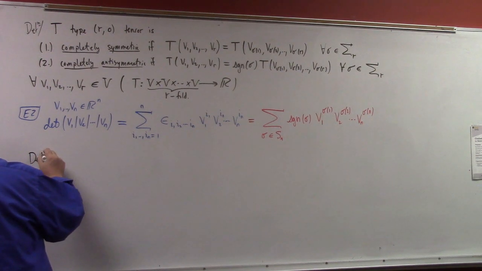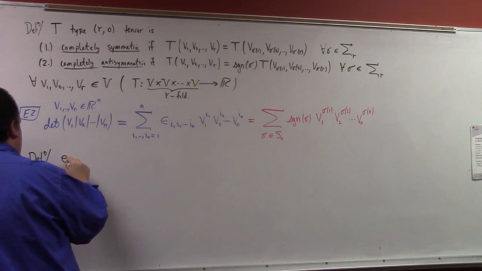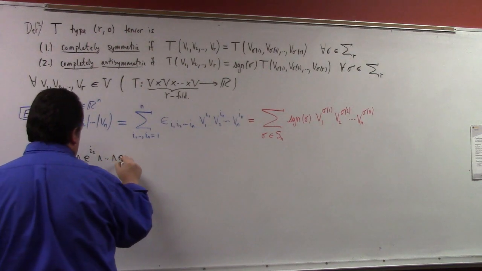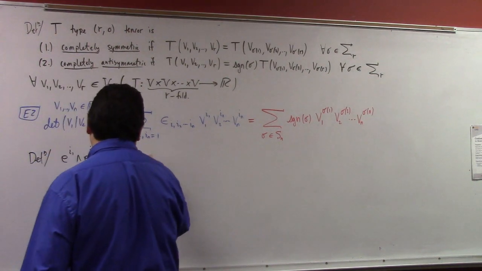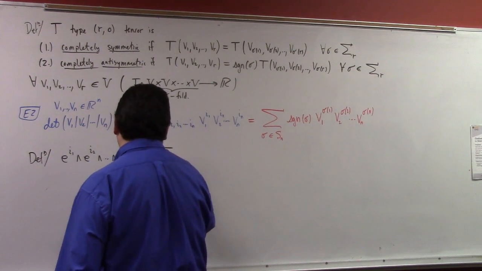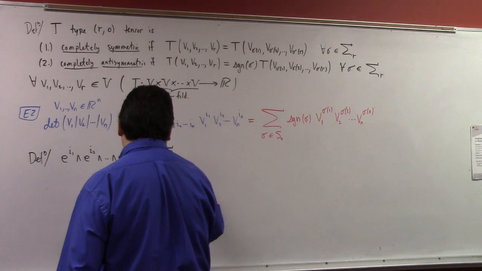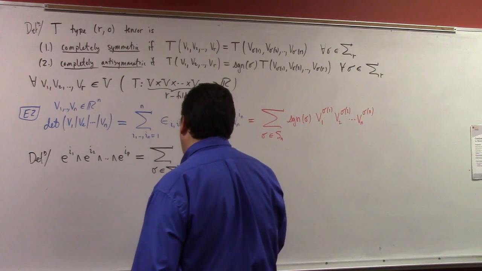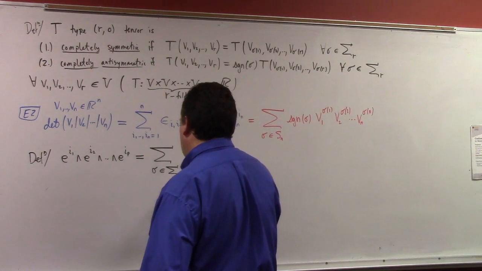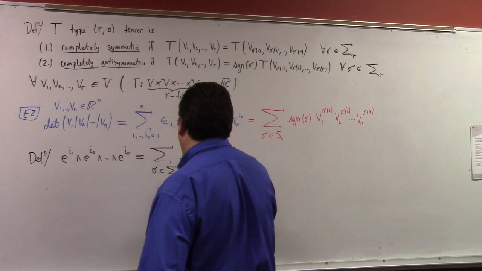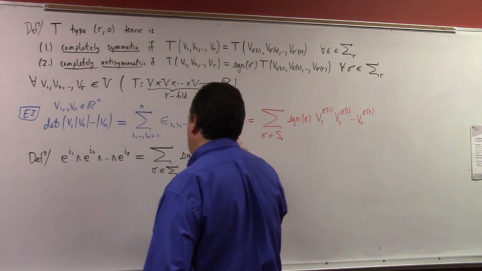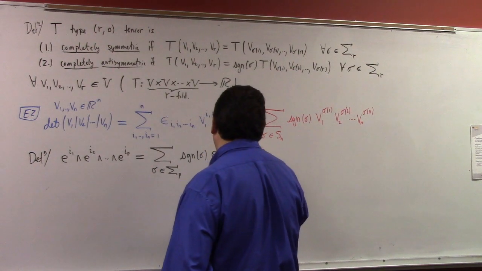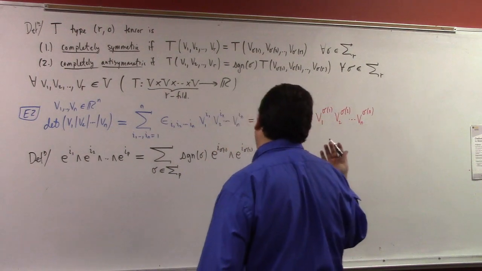Definition: E I1 wedge E I2 wedge ... wedge E IP is going to be the sum over sigma in the permutations of p indices of the sign of sigma times E to the I sigma 1 wedge E to the I sigma 2 wedge... Good grief, seriously?